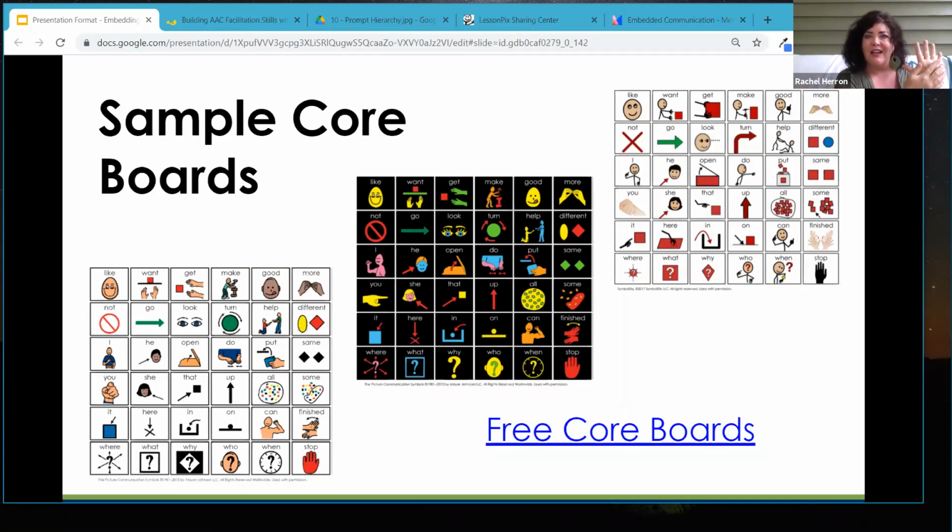And we plastered the elementary school with core boards at that point, so that every time a student showed up into a cafeteria, a music room, in the hallway waiting for the restroom, there was a core board there telling them that it was okay to have communication there. And lots of kids took notice of that and liked to use it as well, because not being able to verbalize your communication is not the only reason why you might use it.